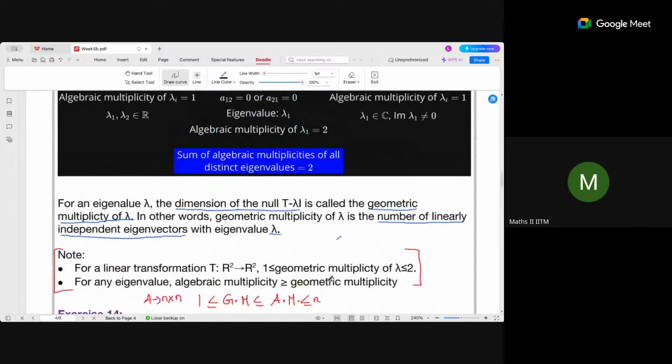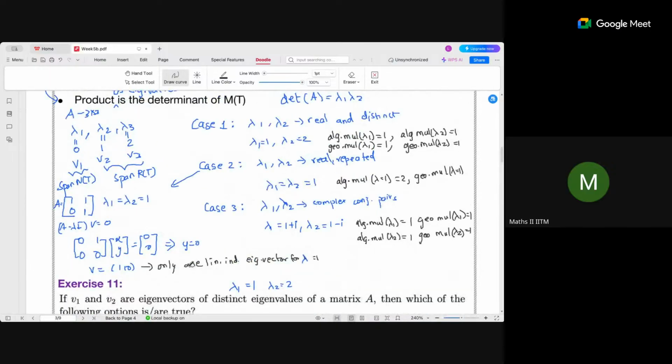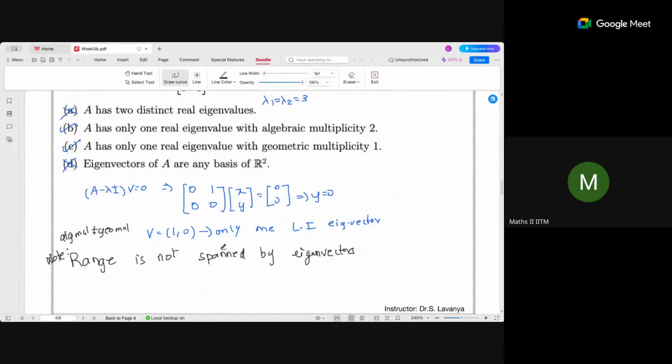You can observe that in this scenario also. Here you see only one linearly independent eigenvector and the eigenvalue is non-zero, but still the range cannot be spanned by the eigenvectors because the algebraic multiplicity is not equal to the geometric multiplicity. So this is something important you should observe: the range is not spanned by eigenvectors.